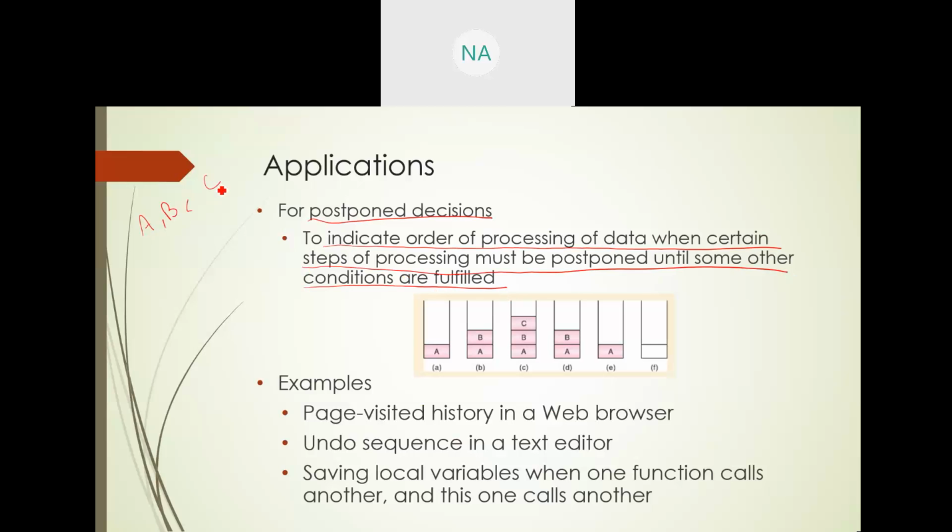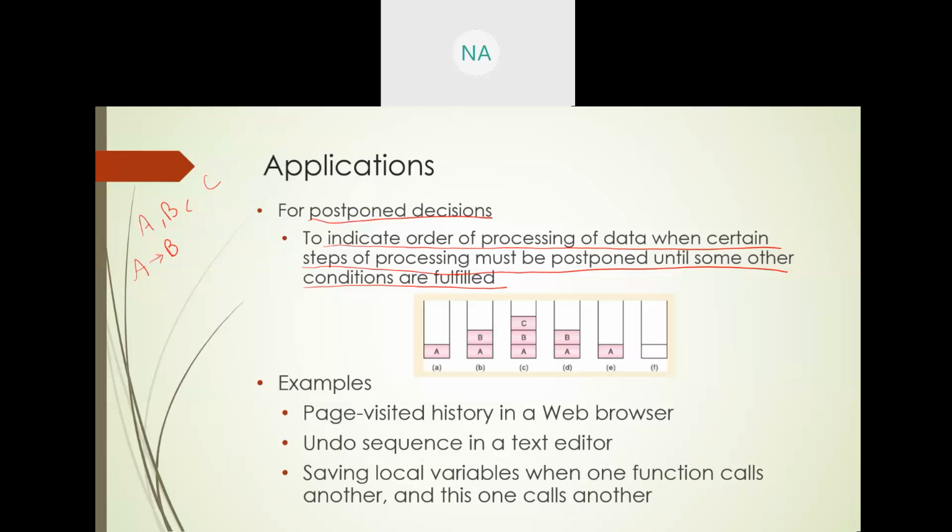A team starts working on project A. After some time they feel that project A requires some functionalities of project B, and project A cannot be completed until those functionalities of project B are incorporated in project A. So what the team will do is stop working on A and start working on B, because A cannot be completed until B is complete.